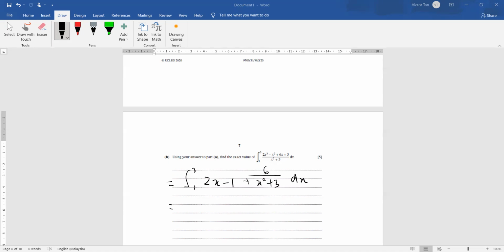Now they like to give this arctangent integration, so you have to refer to your MF19 for this integration.